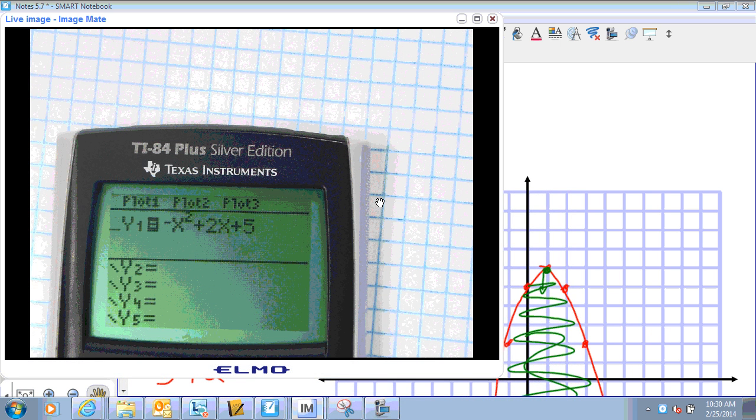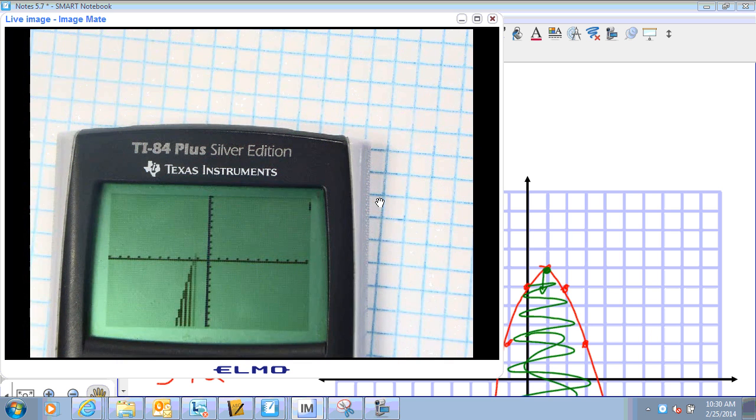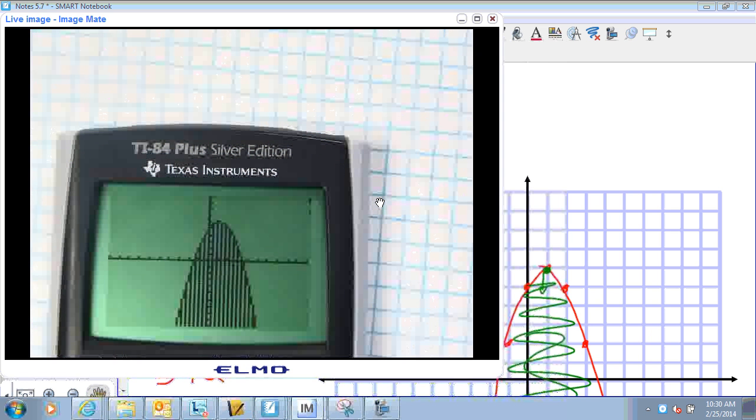I can hit enter and it goes above, which means it's going to be greater than. I can hit enter again and it goes below, and that means less than. And so then what I can do is hit graph. And where does my calculator show me the shading is going to go?